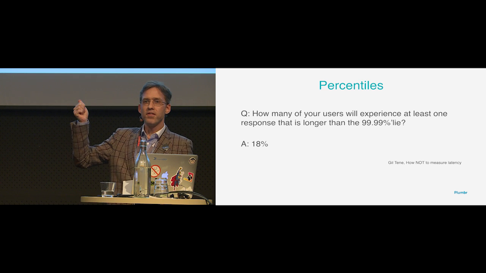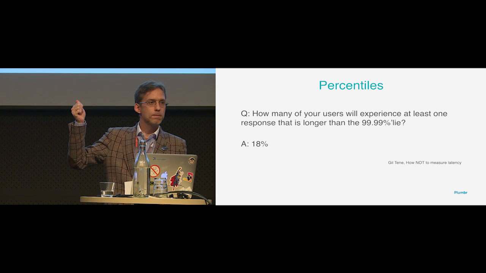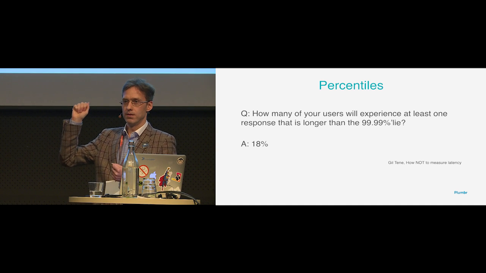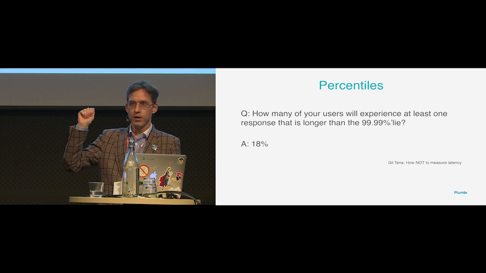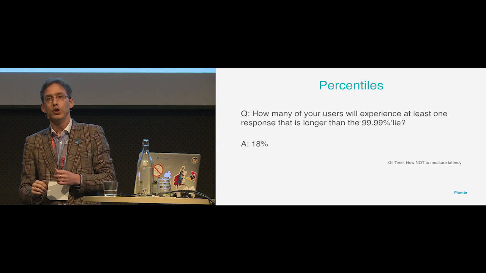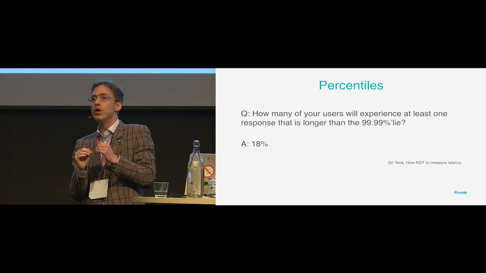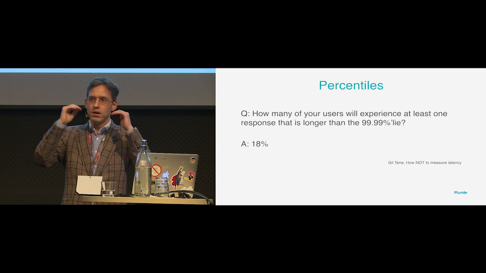So 1/5 of your users will hit that worst case number. So you really have to monitor and closely follow your higher percentiles.